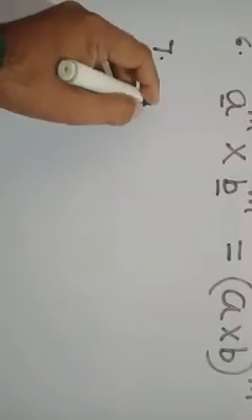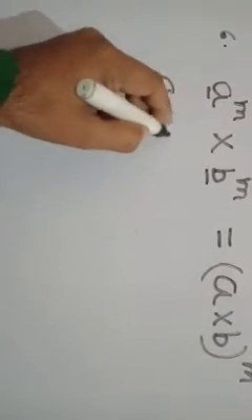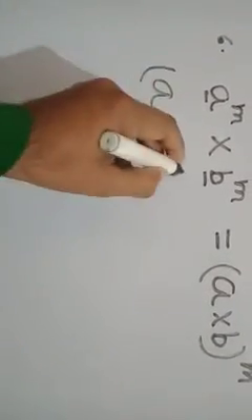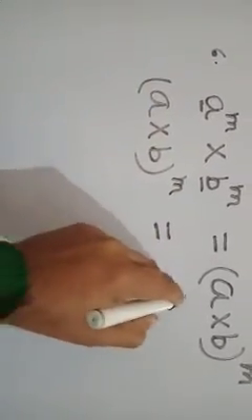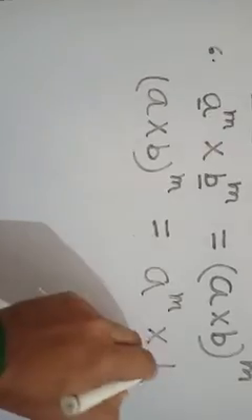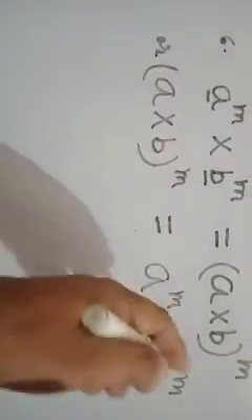And the last law is the reverse order. If we have a product of two bases having the same power, we can separate them: a raised to the power m multiply b raised to the power m. This is from the reverse side.